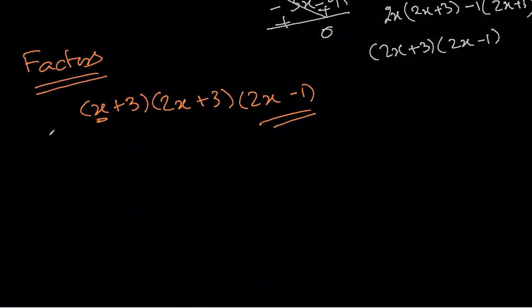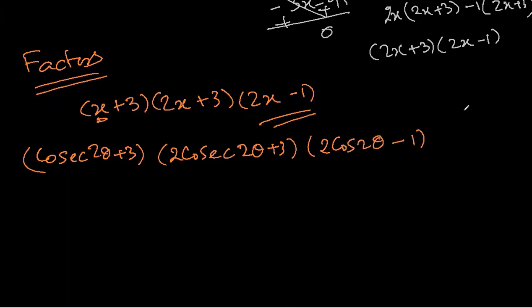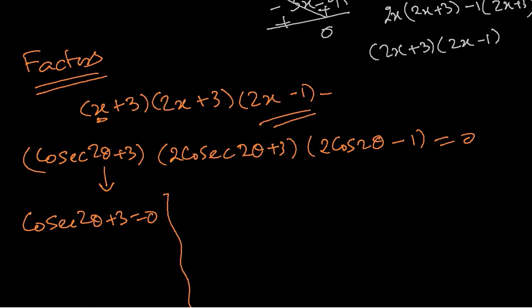So this becomes cosec 2 theta plus 3, 2 cosec 2 theta plus 3, 2 cosec 2 theta minus 1 equal to 0. Now, we already have the factored part, so it becomes easy. Cosecant 2 theta plus 3 equal to 0. This is our first equation which will give us some solution.